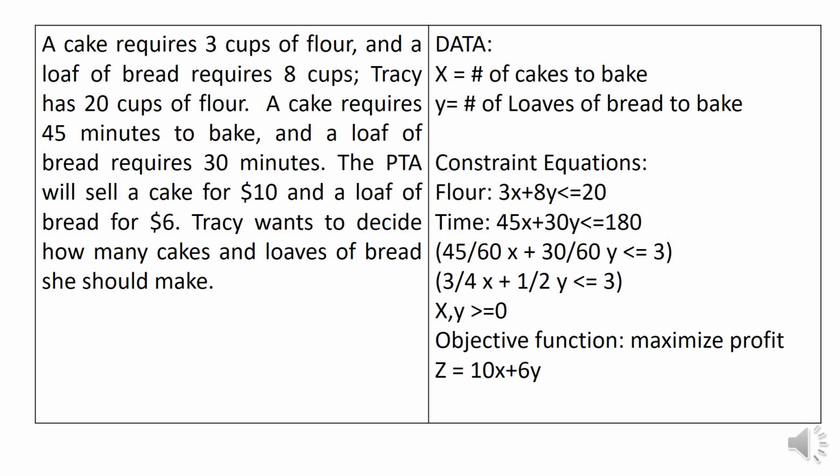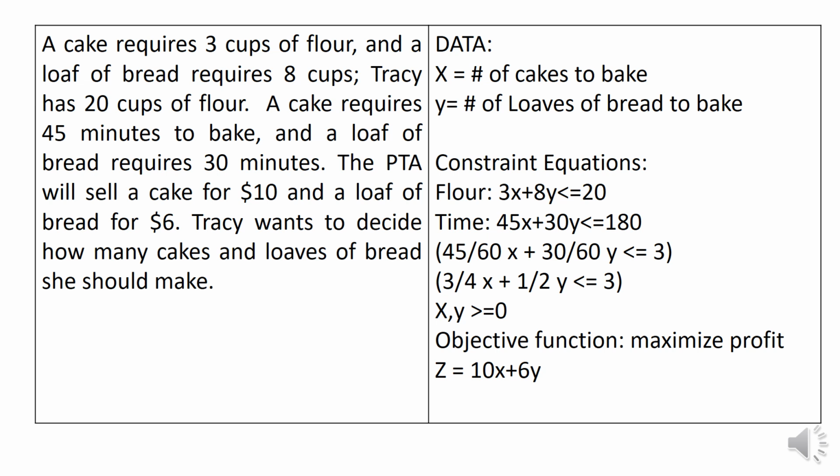A cake requires 3 cups of flour. Now here we are given the recipe, what a cake requires and what a loaf of bread requires. A cake requires 3 cups of flour and a loaf of bread requires 8 cups. So flour is required in different quantities for the cakes and the loaf of bread. It is also given how many cups of flour Tracy has.